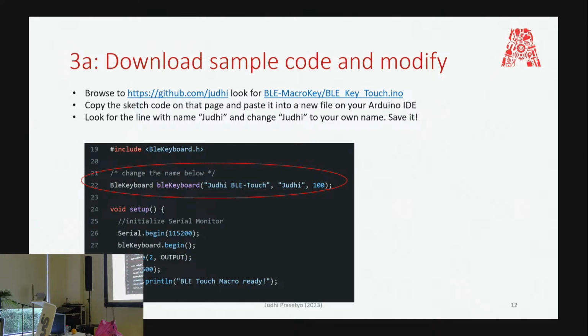So you don't want to have 3-5 devices with Judhi's name, and you get confused which one is which. And then save it, yeah.